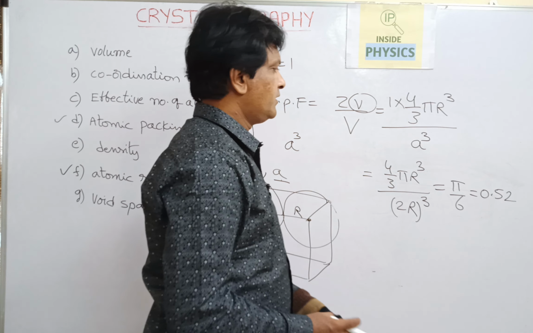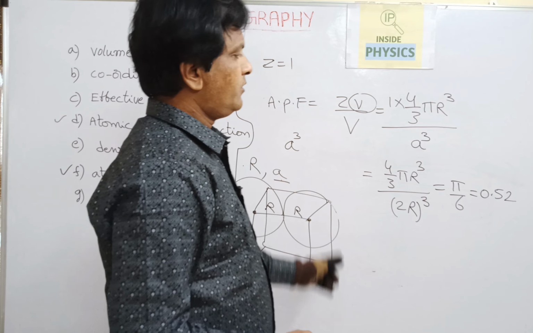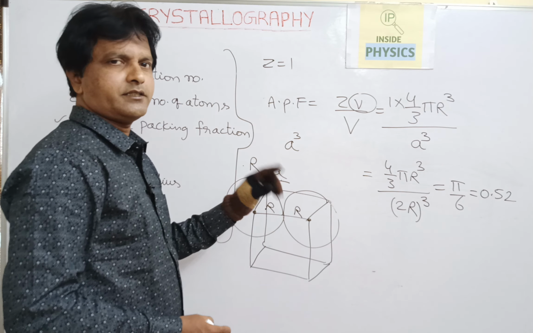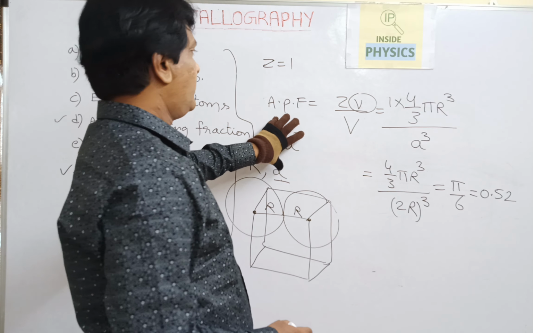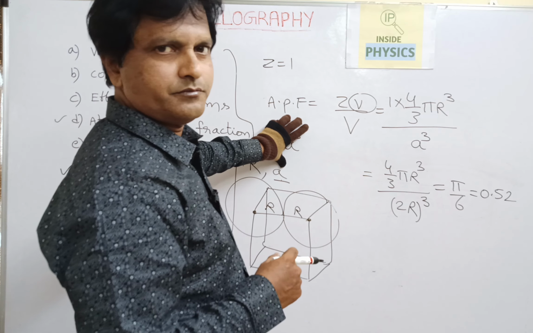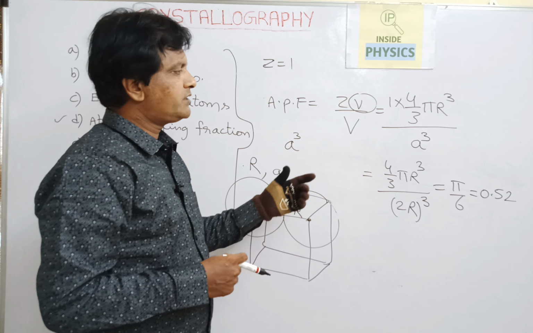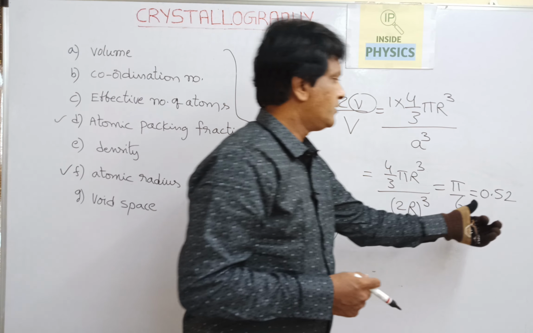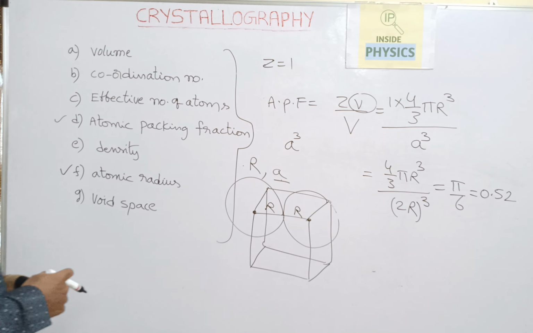That means almost 52% of the volume of the cubic unit cell is occupied by the atomic volume. The fraction of the volume contribution of the atoms inside the cubic cell is 0.52, that means 52%. So this is called the calculation of APF.